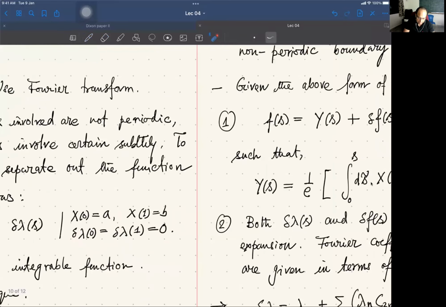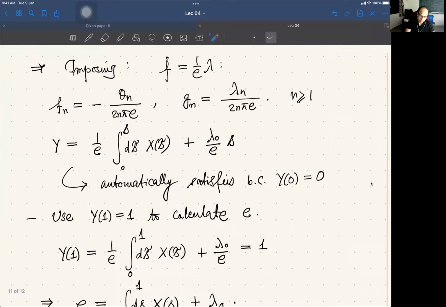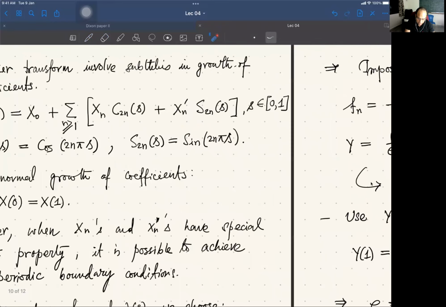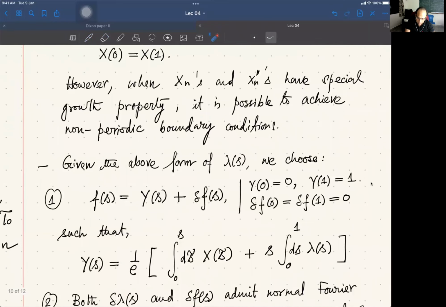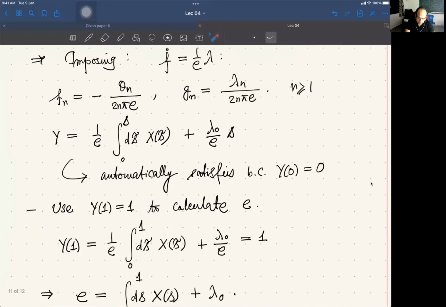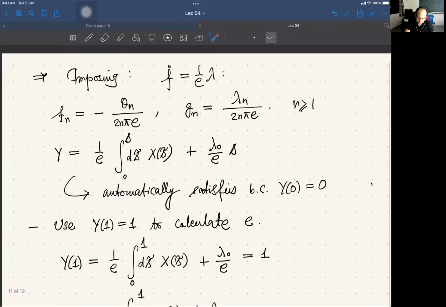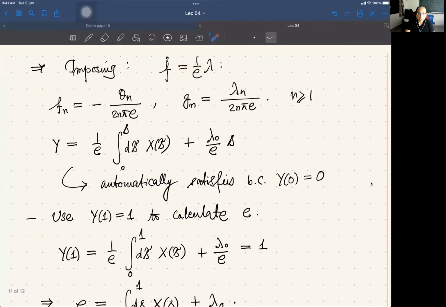Using x and the Fourier coefficients of lambda, one finds the Fourier coefficients of f this way, and f has an additive piece y and delta f. So these are the Fourier coefficients of delta f, and this is the additive piece, and this is E that appears in this equation. Okay, so that is how it is constructed.